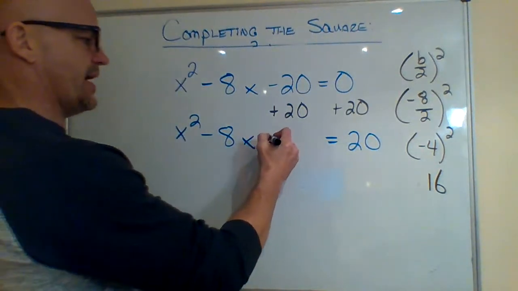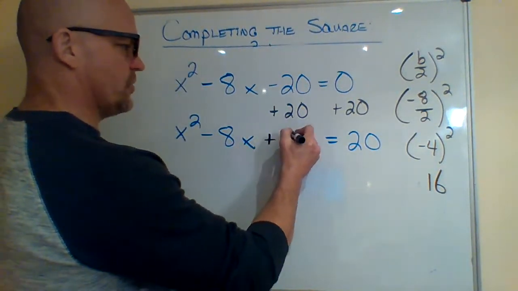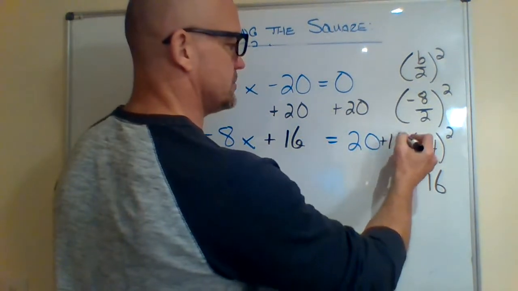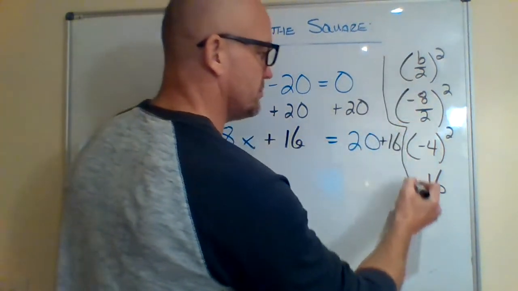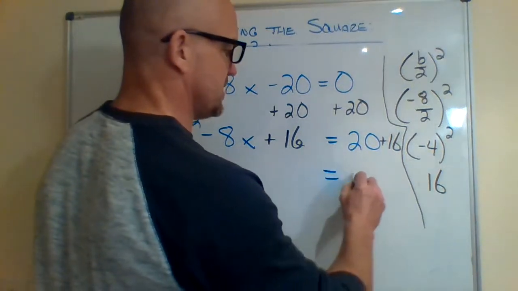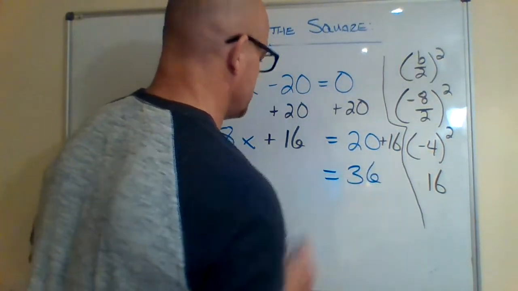So I'm going to go ahead and add that new c value in there, and I'm going to add my new c value here. Sorry, my board's only so big. So on this side, 20 plus 16 is 36.